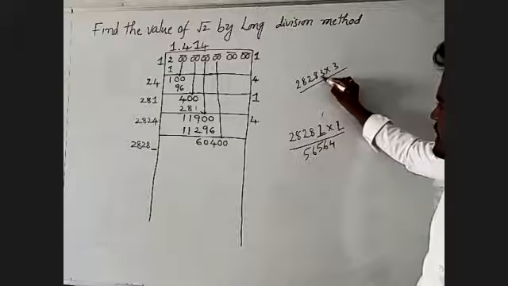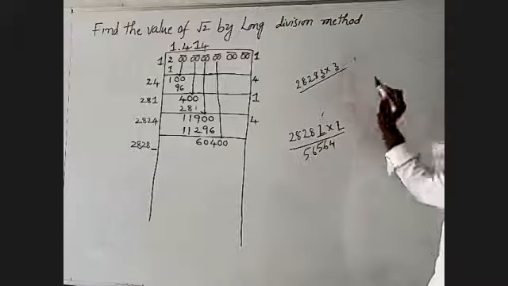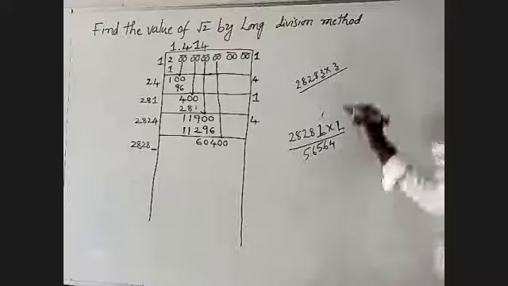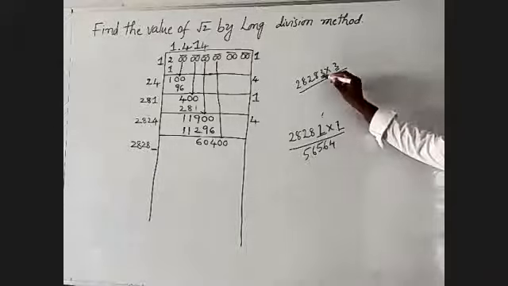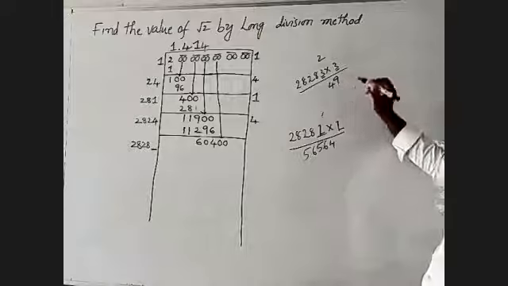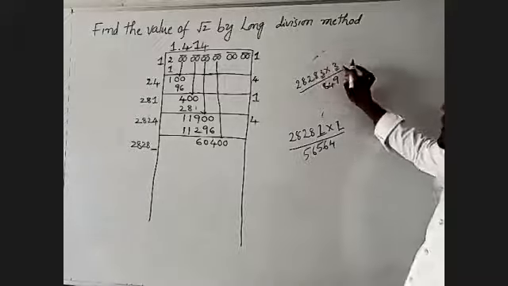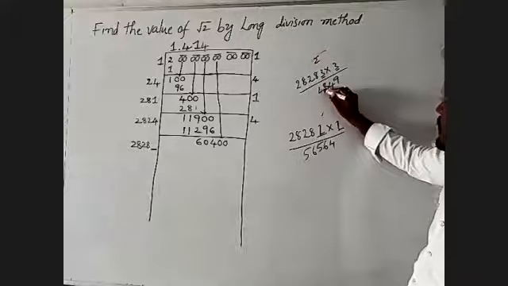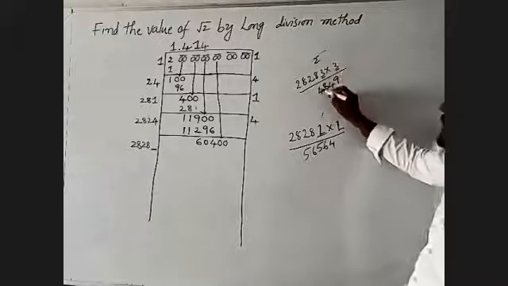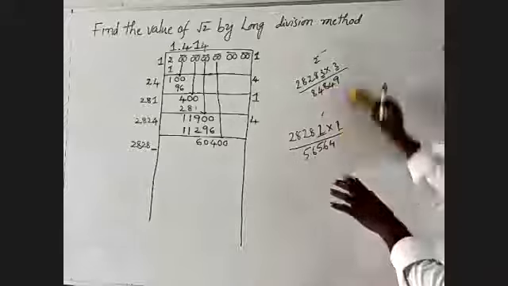The units place will take 3. Then the entire equation can be multiplied by 3. That means 3 3's 9, 3 8's 24. After that, 3 2's 6 plus 2 8. Again 3 8's 24. 3 2's 6. 6 plus 2 becomes 8. This does not satisfy.